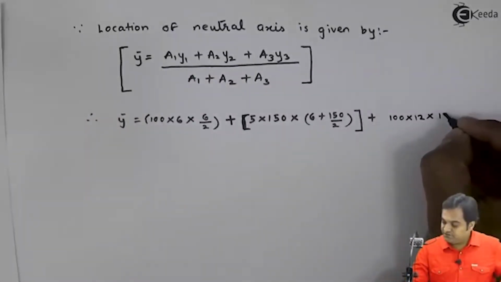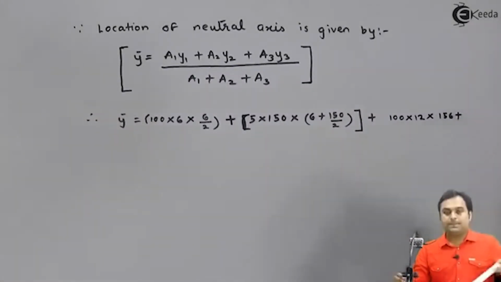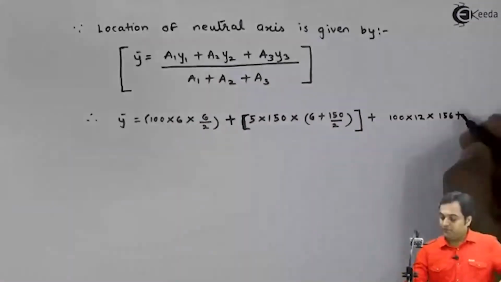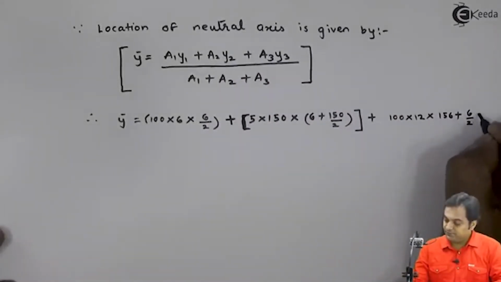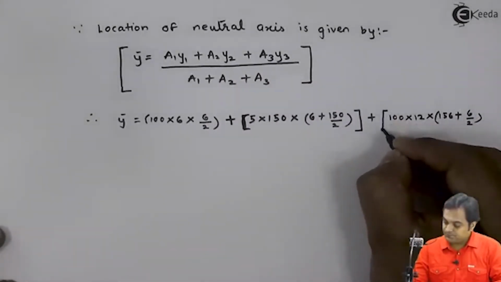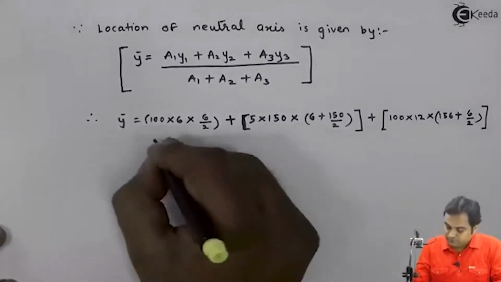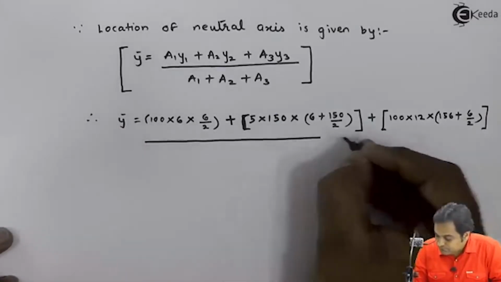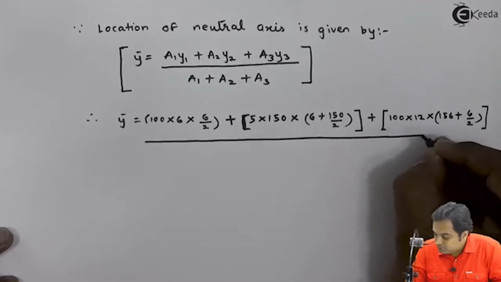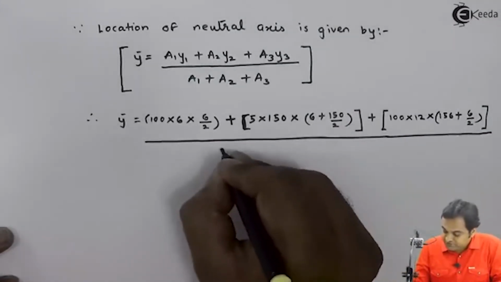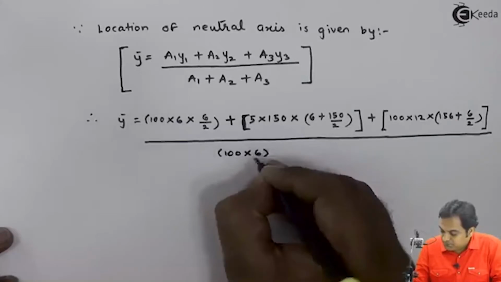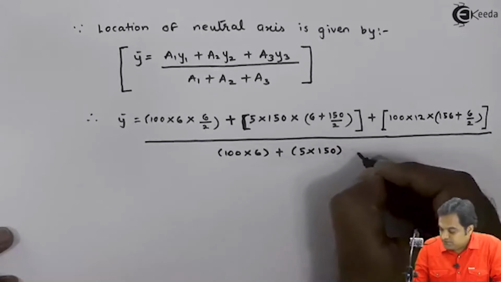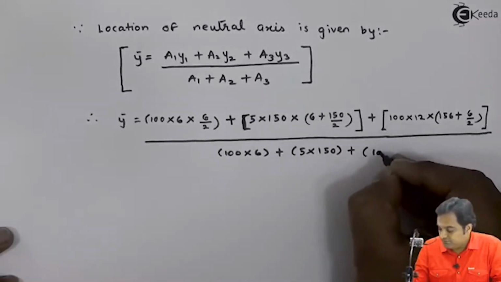So it is 156 plus the centroid for the third rectangle would be at half of 12, so 156 plus 6 by 2, divided by area 1, which is 100 into 6, plus area 2, which is 5 into 150, plus area 3, which is 100 into 12.